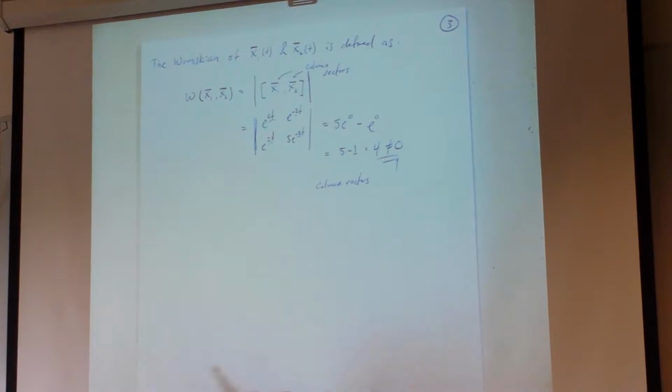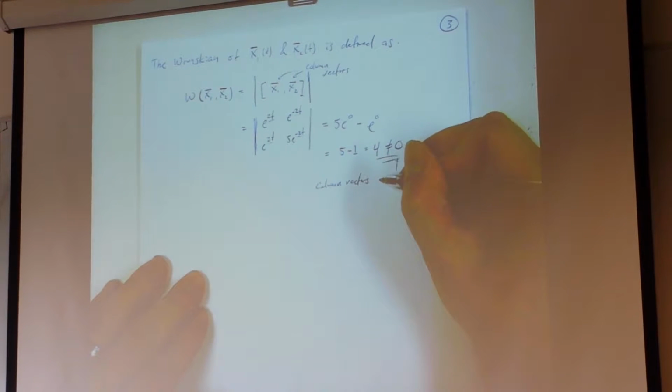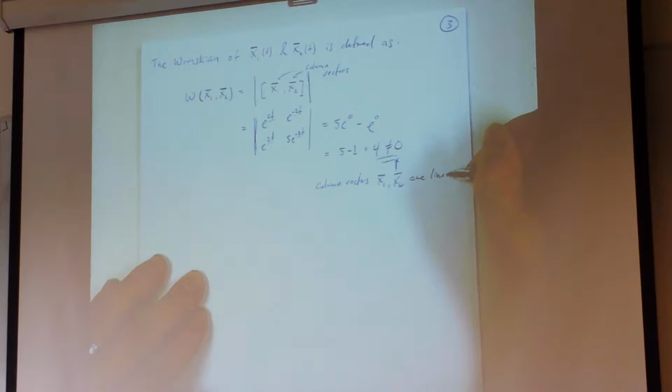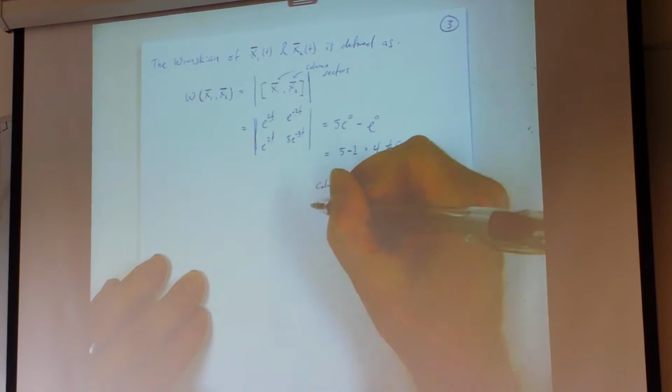They're absolutely not parallel, because they're linearly independent. If you have two parallel vectors, even if they're vector functions, one is a scalar multiple of the other. So the column vectors here, x1, x2, are linearly independent.